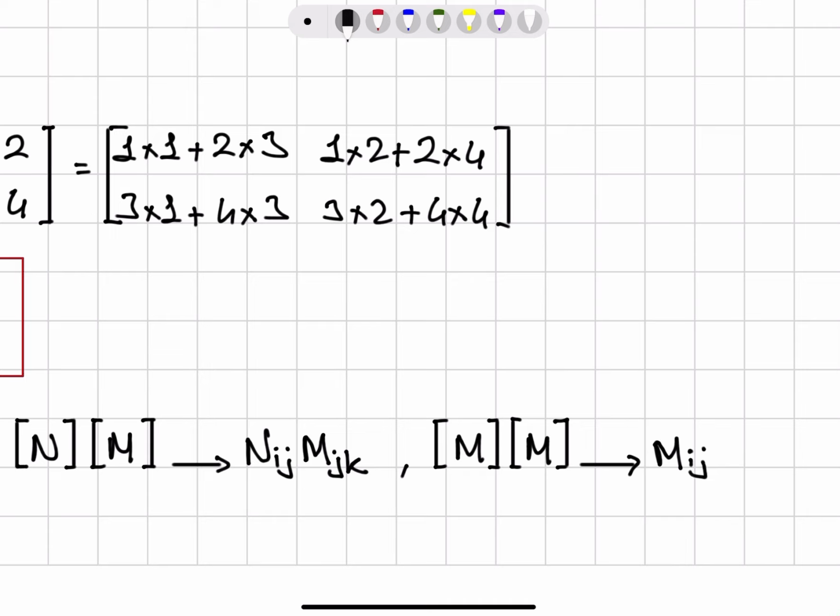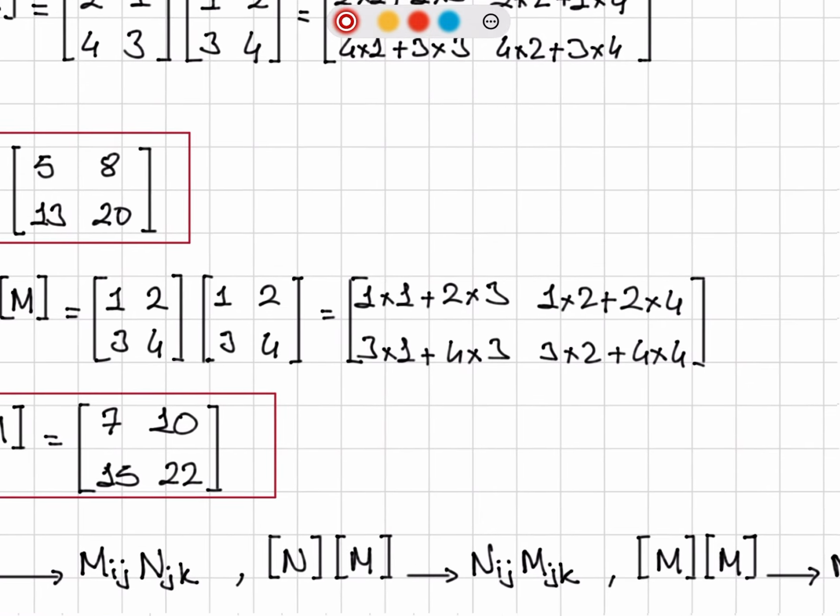Mij, Mjk. So the ith row kth column element of the product matrix is given by Mij Mjk, where we have a summation over the index j. So that's what we have done here.